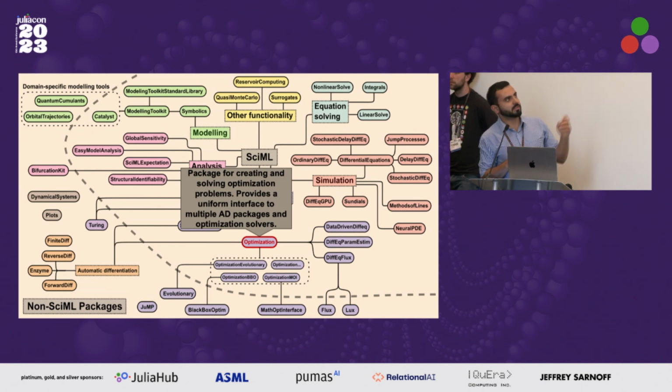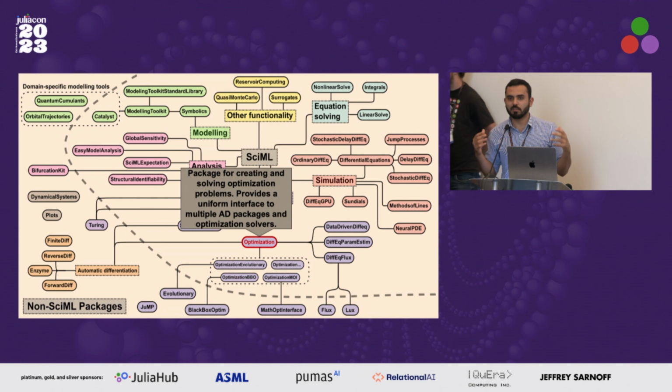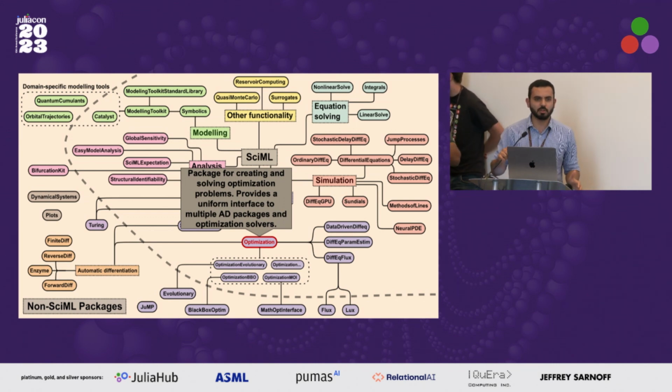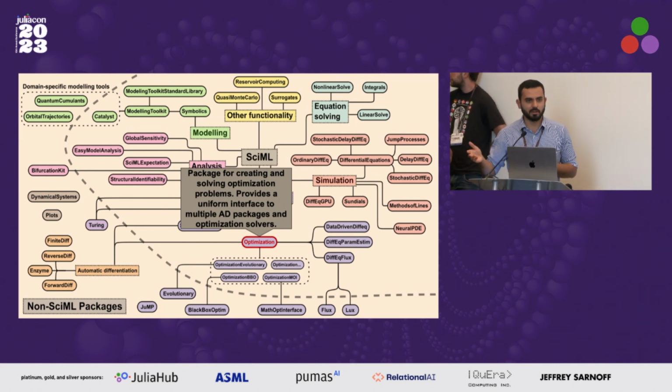That's a package we developed aiming to create an API to a wide variety of optimization solvers, including global, gradient-based, and maybe even mixed integer linear programs. So it's the entry point to all of those solvers in SciML.